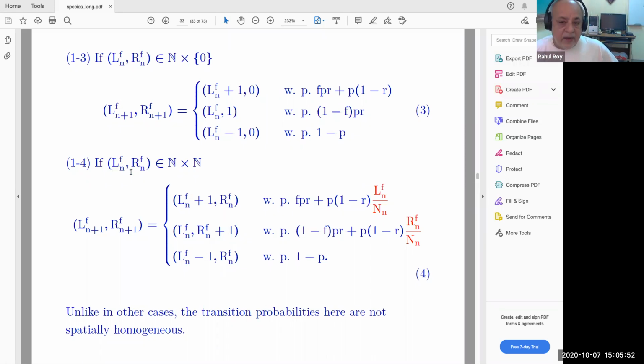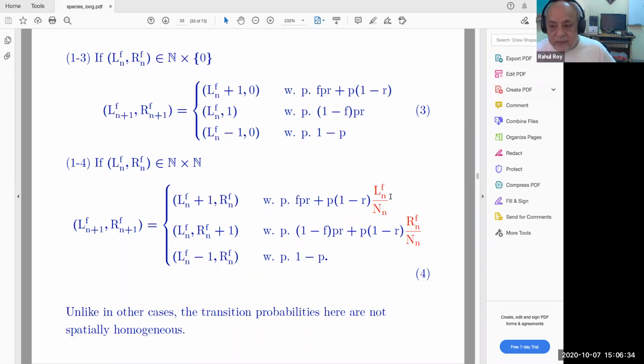So if L_n(F) and R_n(F) are both positive, then the left-hand side increases by 1 with the probability, well, this is FpR if a mutant is born. If a non-mutant is born, then it chooses one of the sites to stick to. The total population is N_n, of which L_n(F) is on the left side. So the probability that it increases by 1 on the left side is this quantity.